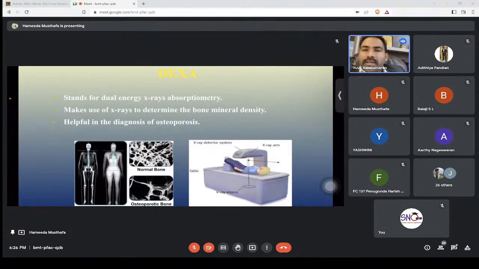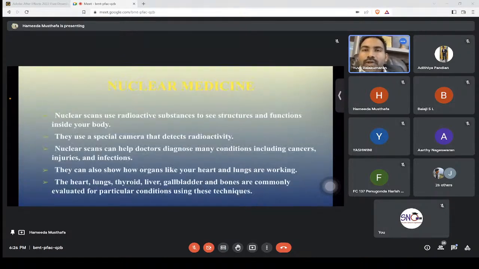Okay, next. Nuclear medicine. Nuclear medicine itself is a separate field that has separated from radiodiagnosis, but we have to know about that. Nuclear scans use radioactive substances to see structures and functions inside your body.